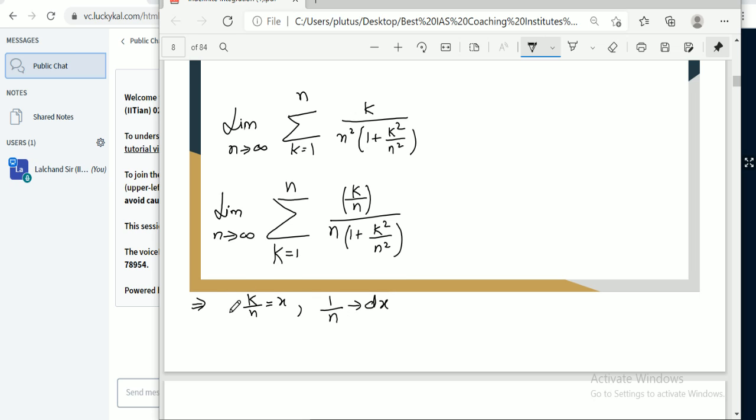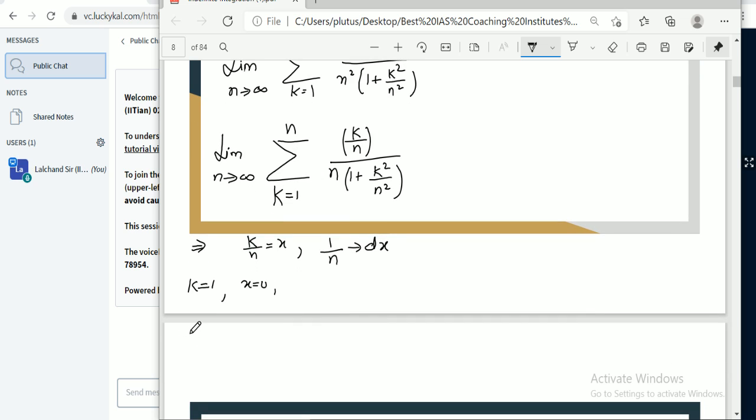So what is the limit? How do we find out the limit? If we put k equal to 1, then k by n will be 0 because n tends to infinity, so the value of x will be 0. If k equal to n, then the x value equals 1.